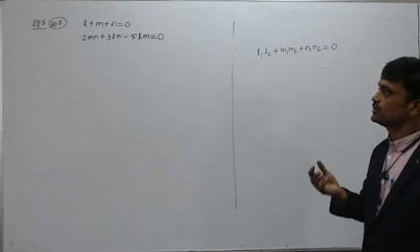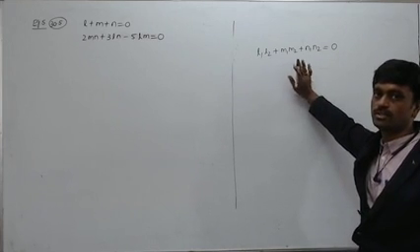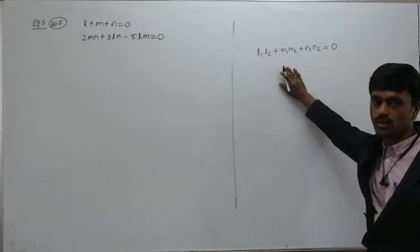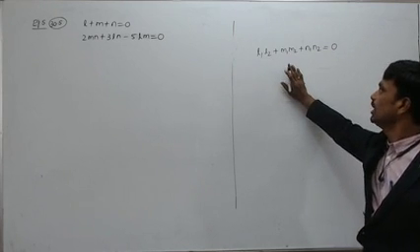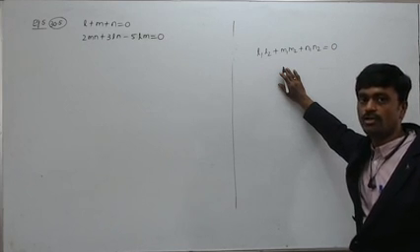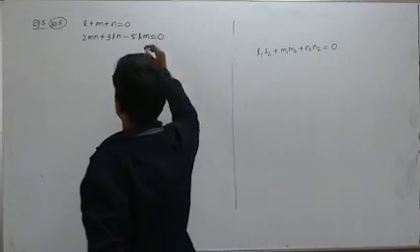So it is enough to show that this sum is equal to 0. Here there is no need to calculate the l1, m1, n1 values and l2, m2, n2 values. We have to find this sum and show that it is equal to 0. So solve the given equations.